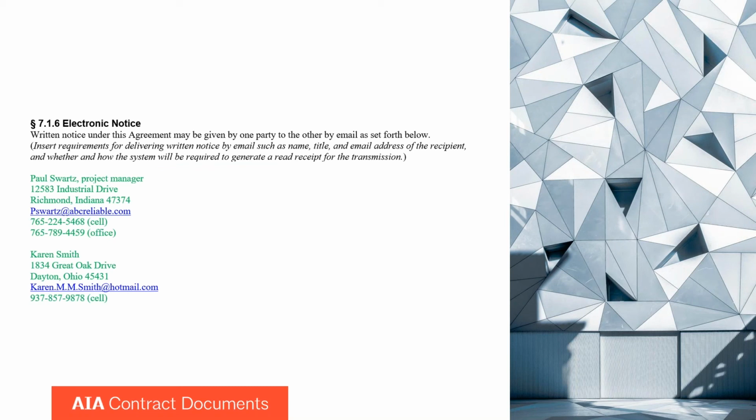Article 7.1.6 identifies the means of communication between the homeowner and the home builder. This in particular is called electronic notice, and it's mainly here to identify that both parties agree to using things like email or other electronic transmission as a means for notification. You could send your bill payments, your invoices this way.